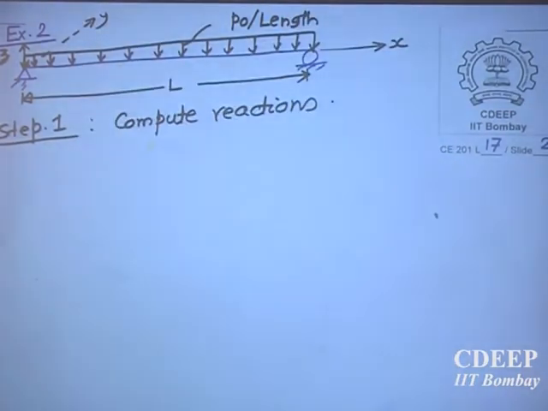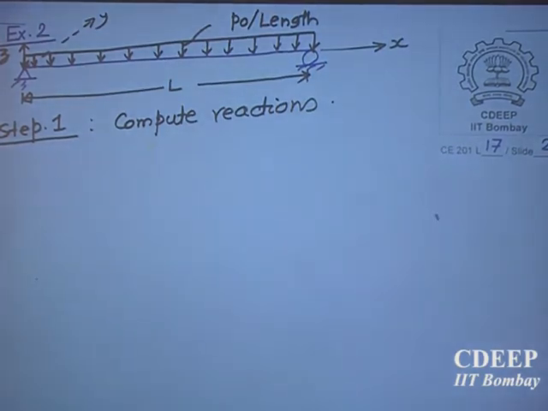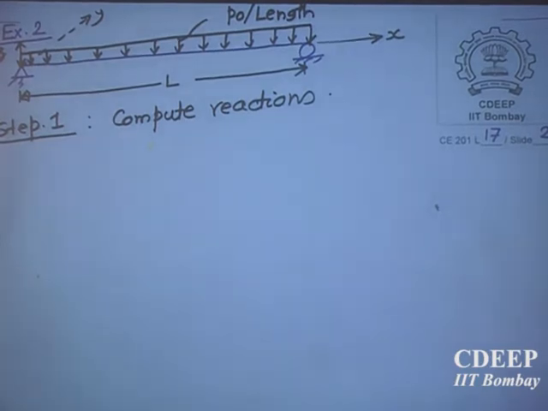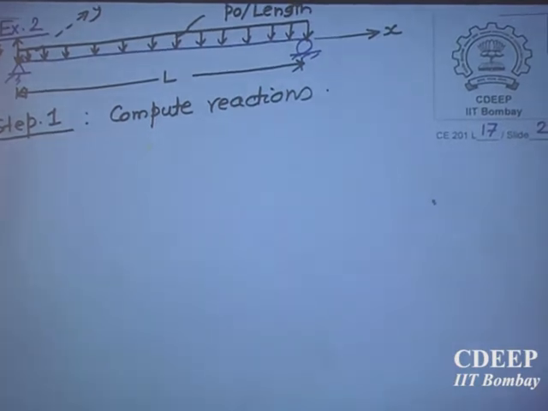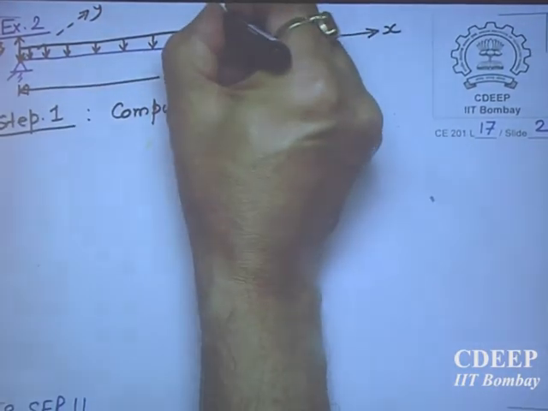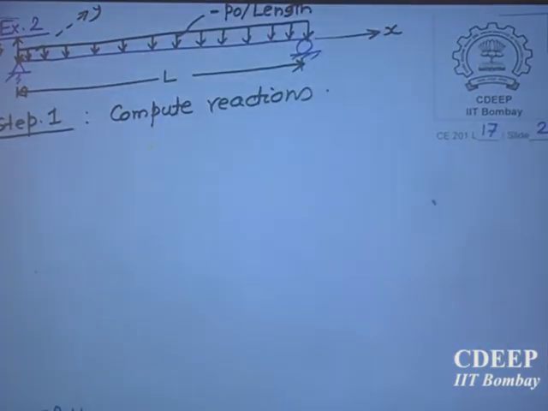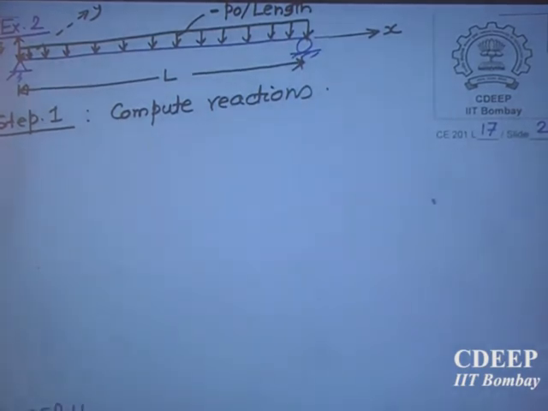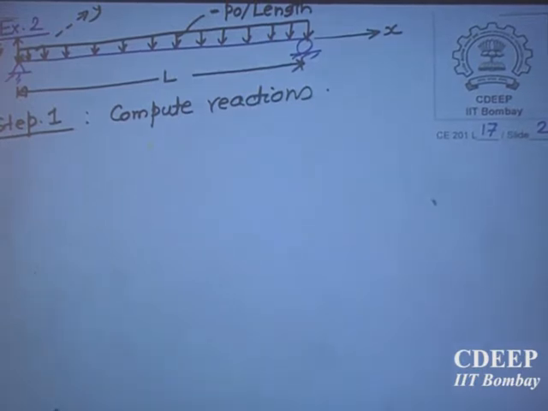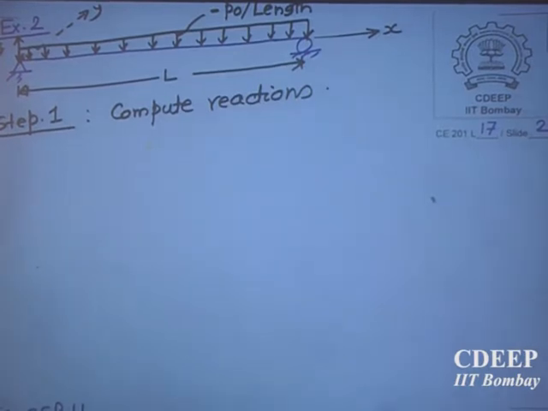Shall I say negative P naught? Okay, I can say that, because ultimately everything will come. It is downwards, not in positive Z. So if P naught is acting like this, it is a negative P naught. Okay, so now compute reactions.